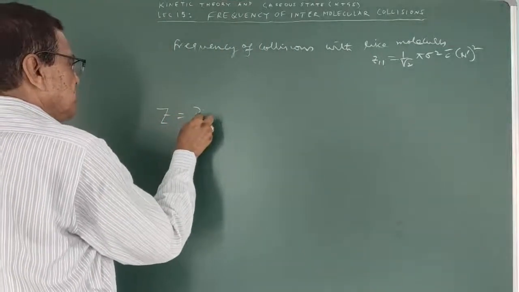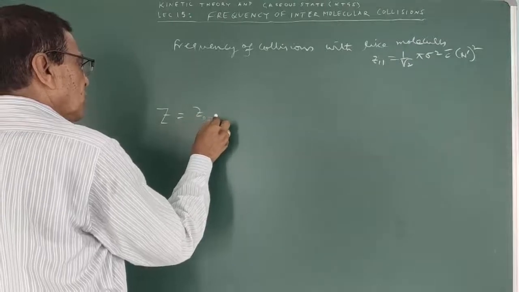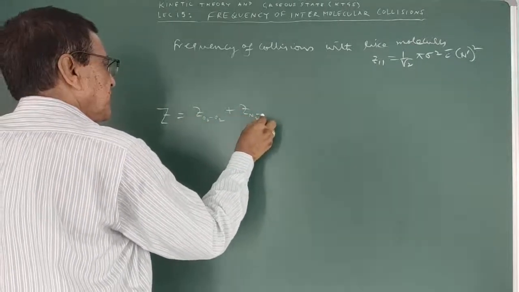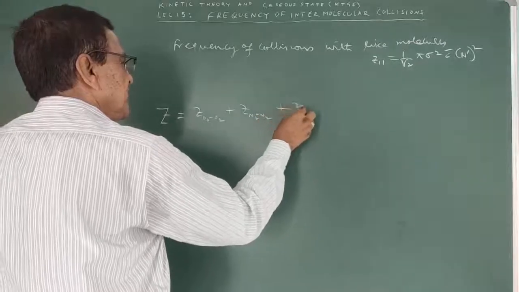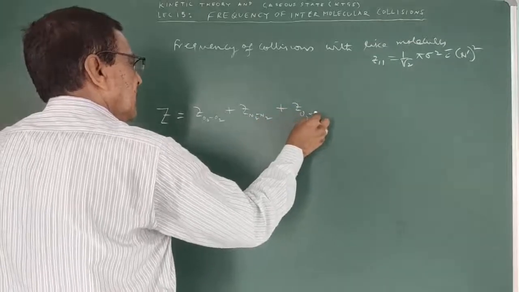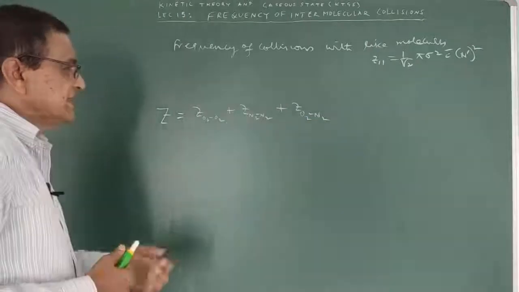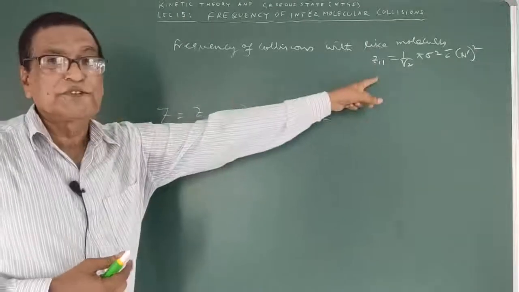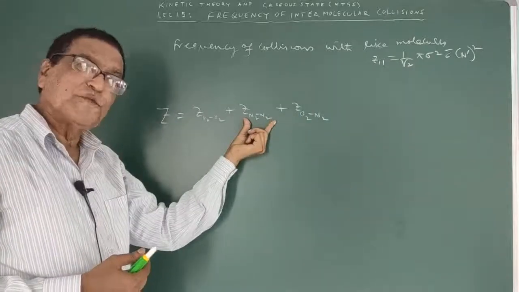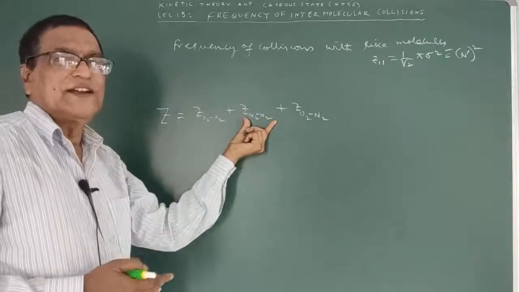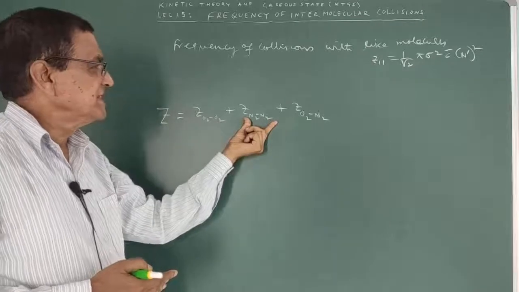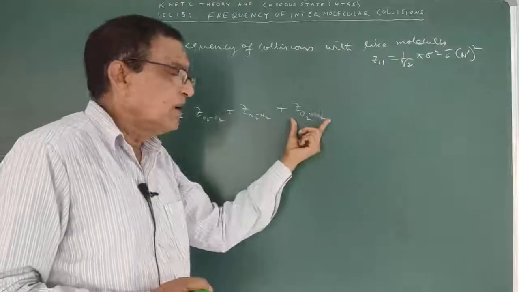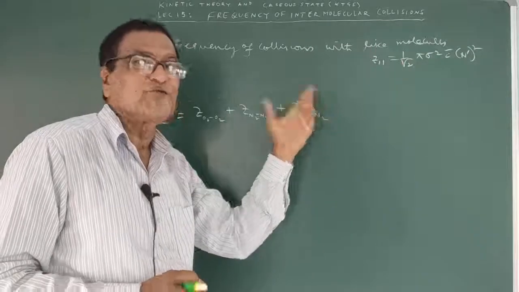Z equals Z oxygen-oxygen plus Z nitrogen-nitrogen plus Z oxygen-nitrogen. The first two are the frequency of collisions between like molecules, which you can calculate from this formula. But how would you calculate the last one?